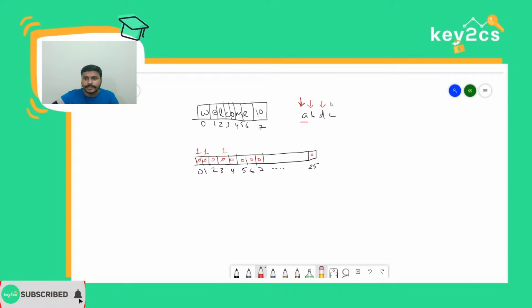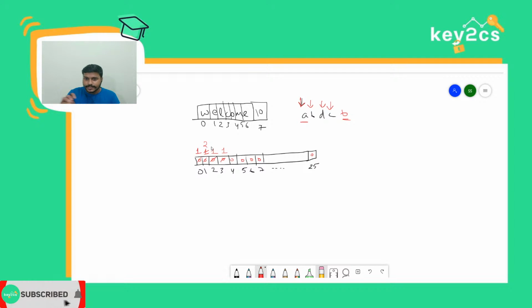Then we come across C, which is mapped to index 2, so this value would be incremented to 1. Let's say again I come across a character B. We know B is mapped to index 1, so we would increment the value at index 1 by 1, and the value would be 2.